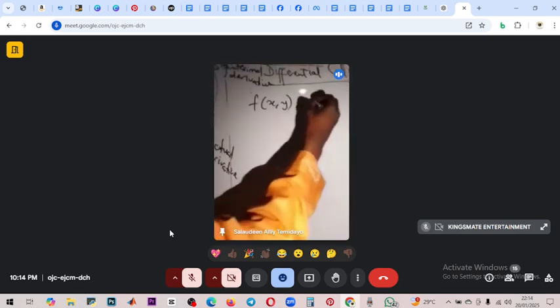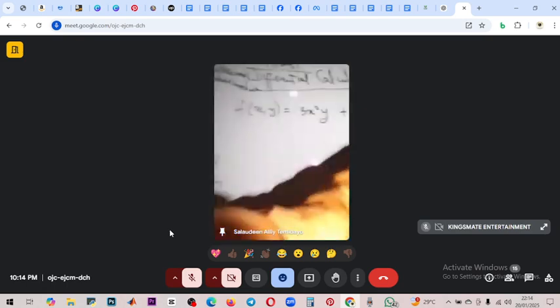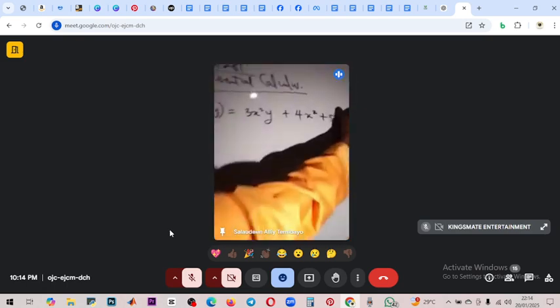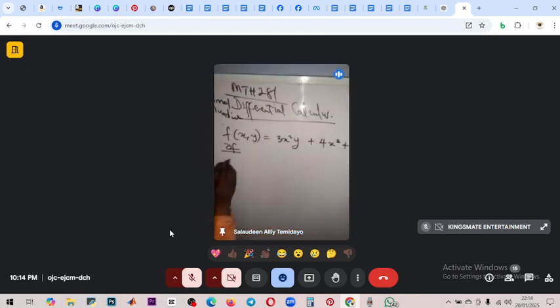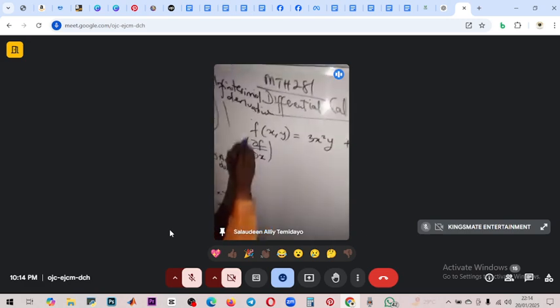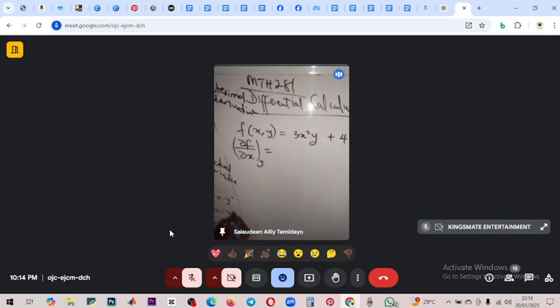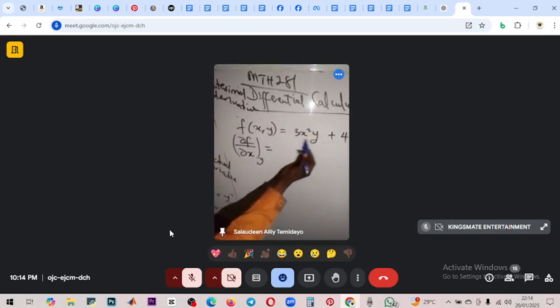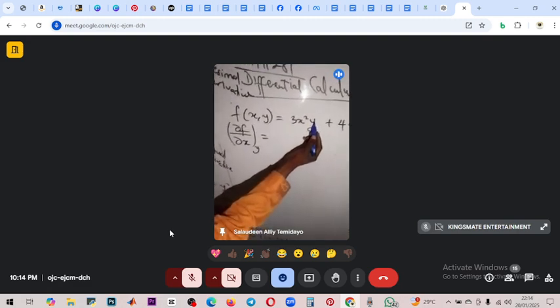f of x comma y is now 3x squared plus 5y squared. Find df/dx when y is constant. Treat your y as a constant, just as a number.